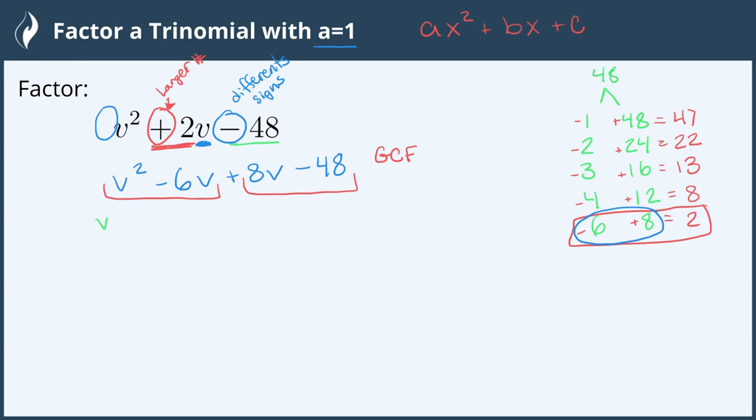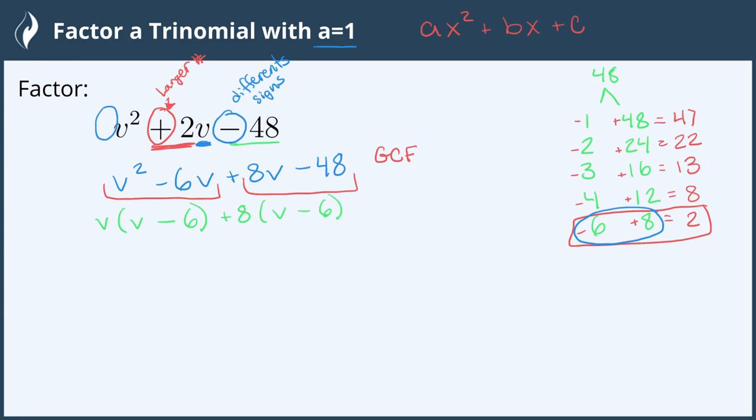So we will factor out the v, leaving us with v, because v squared divided by v is v, and minus 6v divided by v is just minus 6. Now for the second two, the greatest common factor between 8 and 48 is just positive 8. So we'll factor out the 8, which leaves us v, and negative 48 divided by 8 is minus 6.